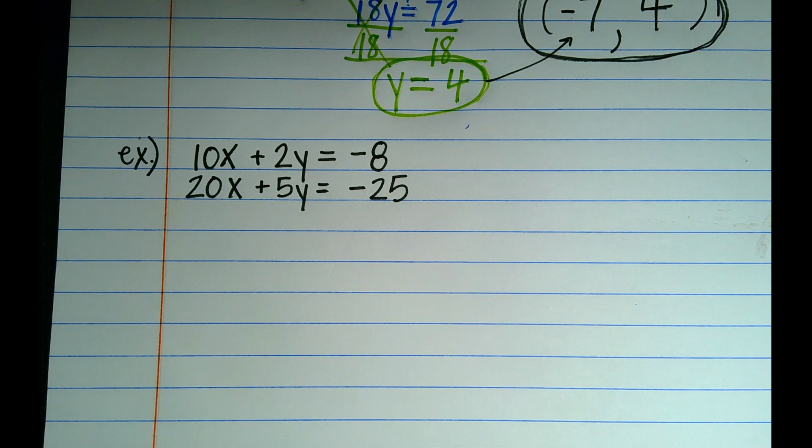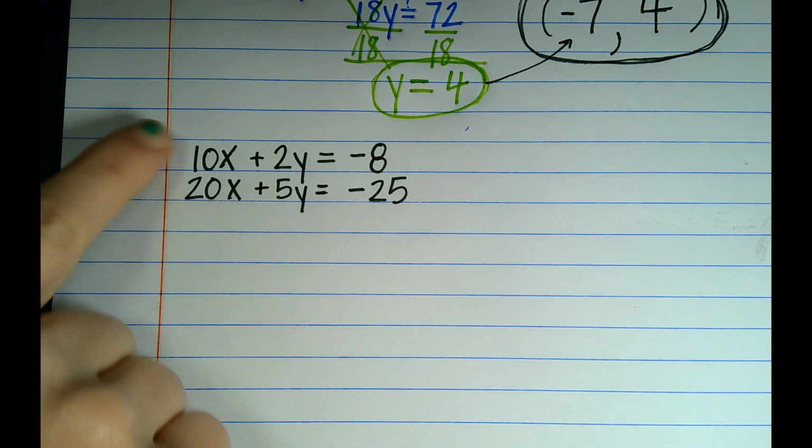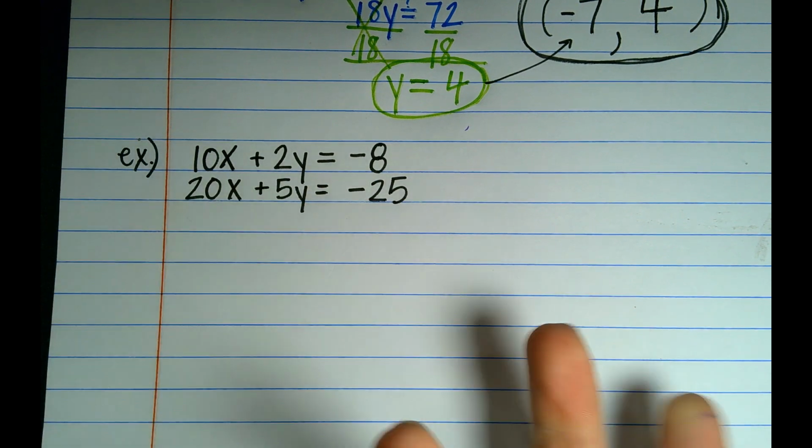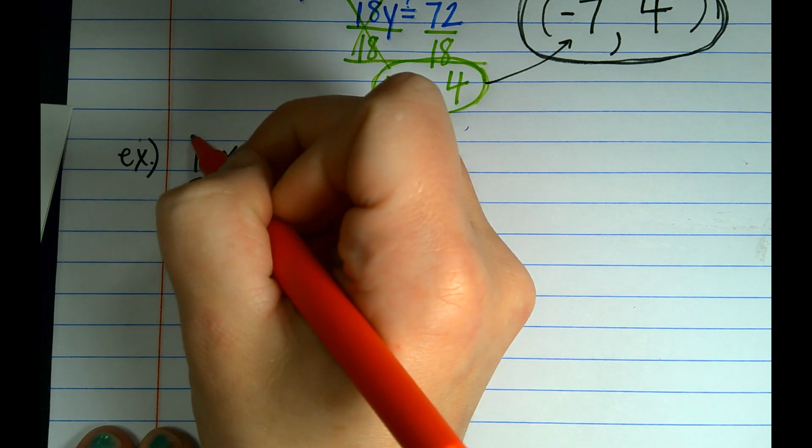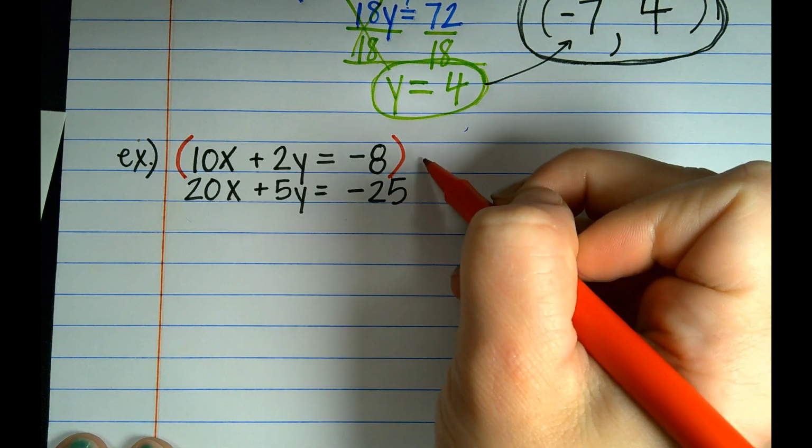You can do either one. I'd say x, yes, because 10 and 20 are very similar. They're both multiples of 10. 10 times what would give me 20? 10 times 2. So let's start by multiplying the top equation.